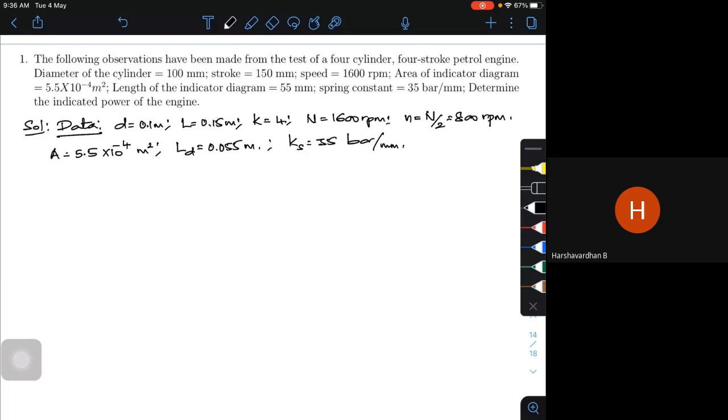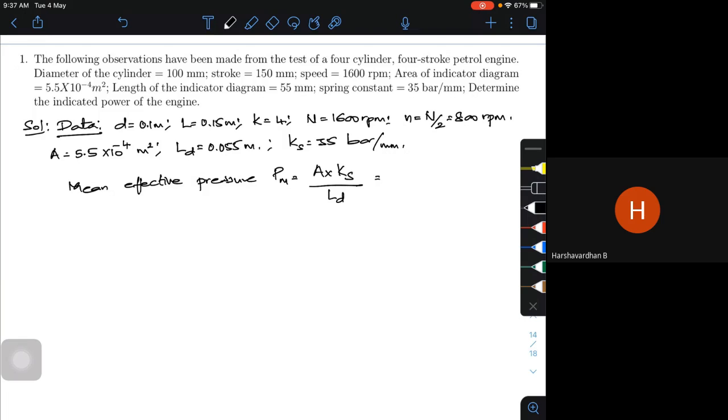First we need to find the mean effective pressure. The mean effective pressure PM is given by the area of the indicator diagram into the spring constant, because it is measured using that particular instrument, divided by LD.